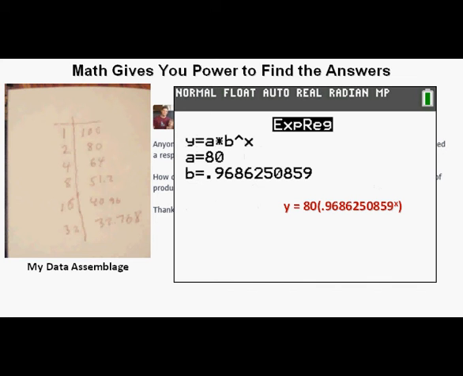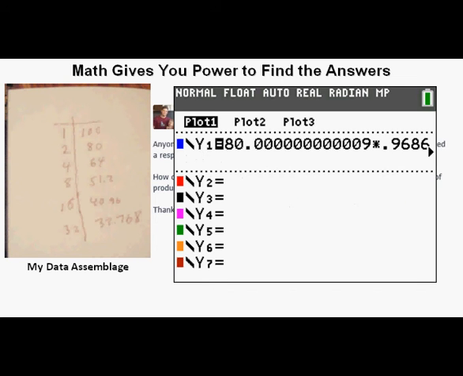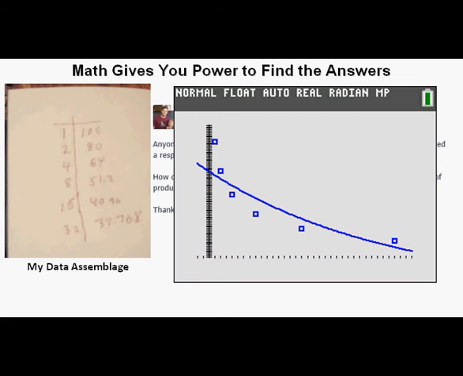We get the equation y equals 80 times 0.9686, etc., to the power of x as our calculated exponential equation. And here is the equation pasted into the function editor. The whole function is pasted there, even though we don't see the last part of it here in the view screen window. Press Graph. We see that we don't have a very good fit for the points.